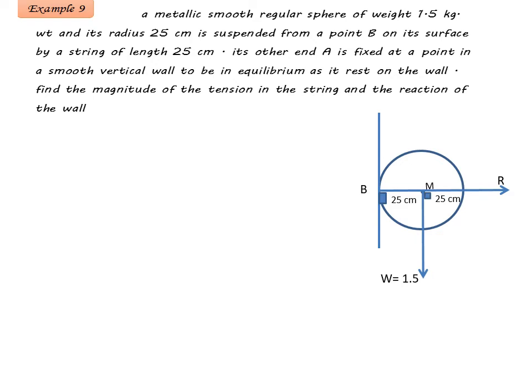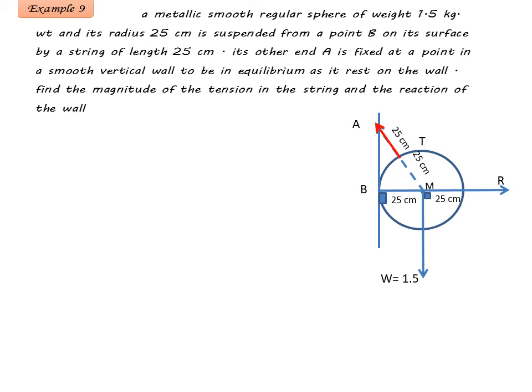The radius equal 25 centimeter, and the length of the string at the point A equal 25 centimeter. Also the radius equal 25 centimeters, so the distance from the center to the point of intersection with the wall equal 25 plus 25, which is 50 centimeter.